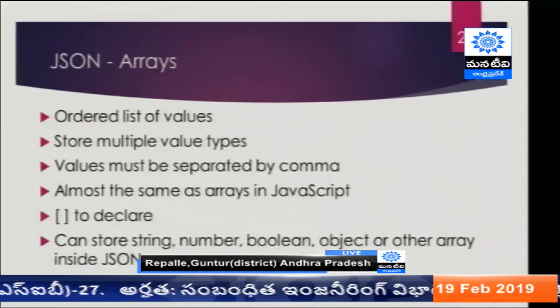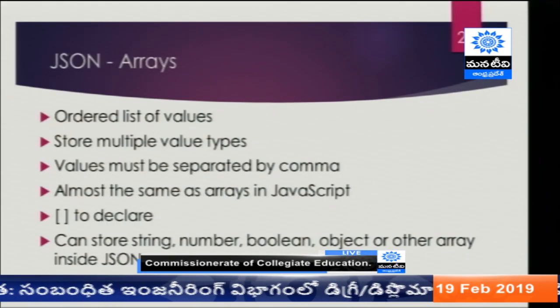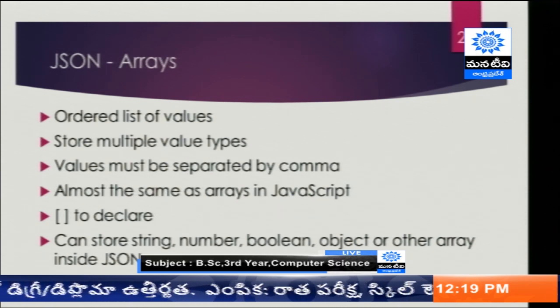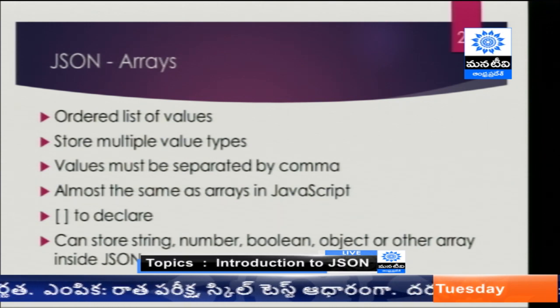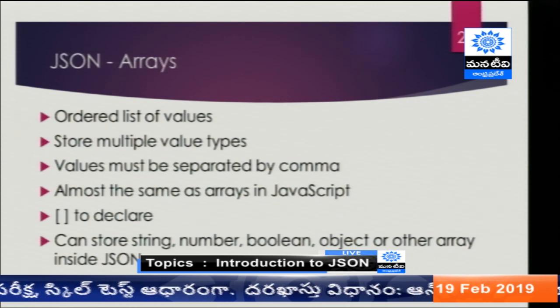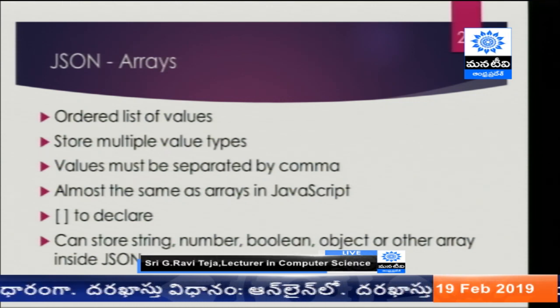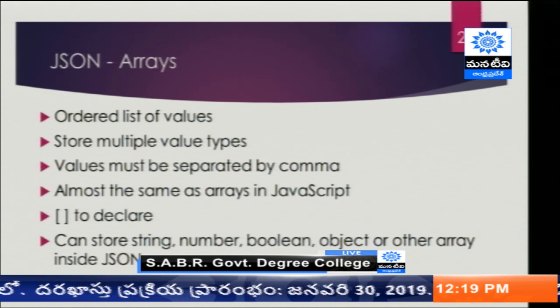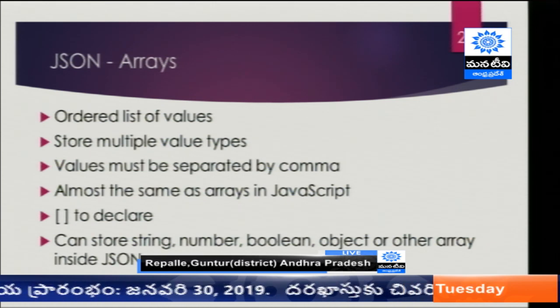This array representation is very much similar to JavaScript, because we use square brackets notation to declare arrays and we use the indexing format of 0, 1, 2 to access them, and we can store whatever data we require in a JSON array.